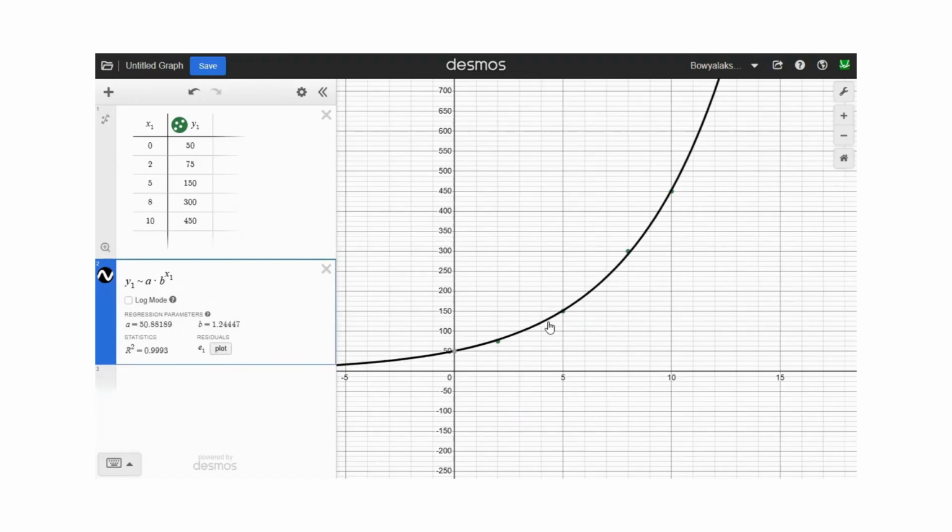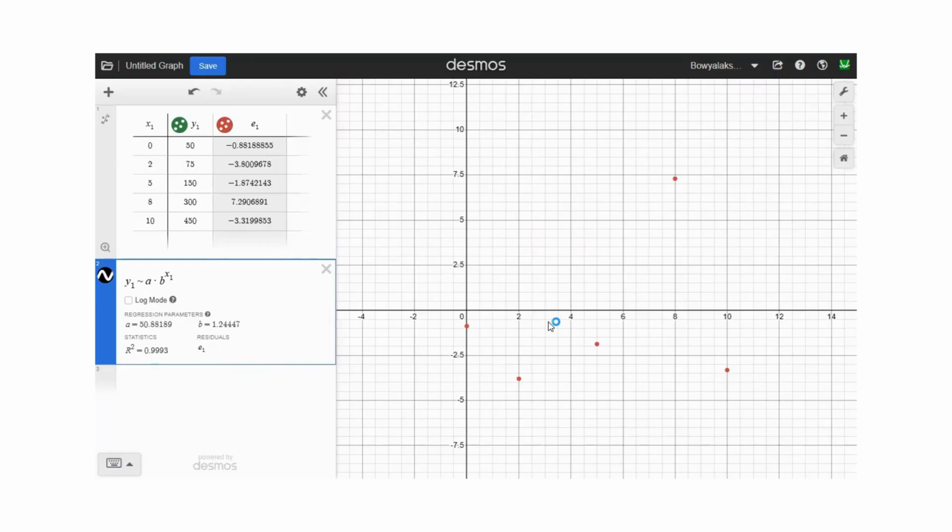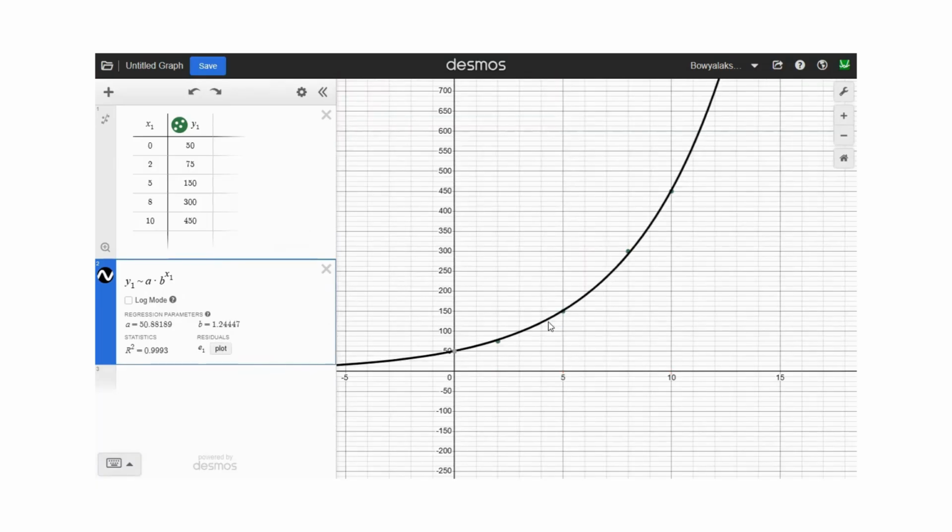And this will also provide you the residual plot, right? That will give you the residuals. Okay, it's a good fit actually, because it's randomly scattered, no particular pattern here. Okay, right. So we don't want the residual plot now. And store this equation whenever you make a regression.